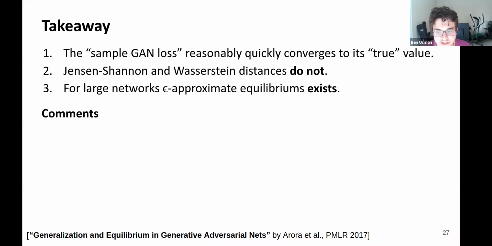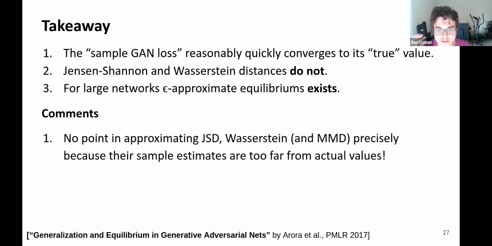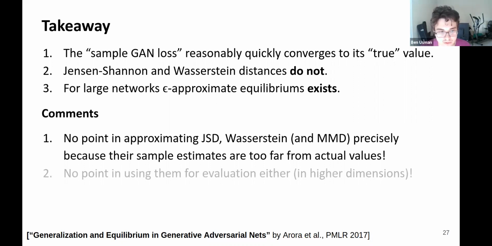And the practical implications of that, and those are my comments, are that we should, in my opinion, stop trying to approximate those statistical divergences precisely with our neural networks, because those approximations would inherit these really bad sample complexities. And therefore, there is no point in using them for evaluating the performance of GANs either.